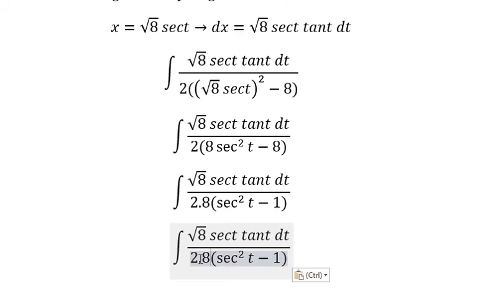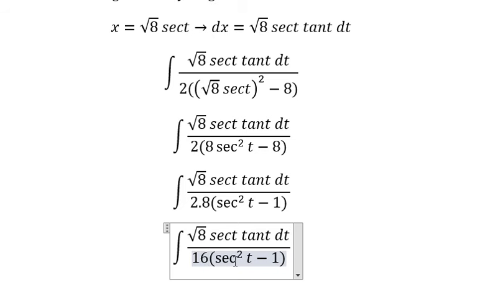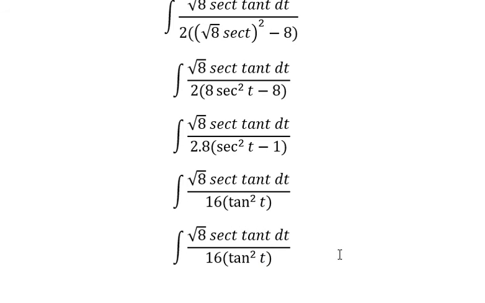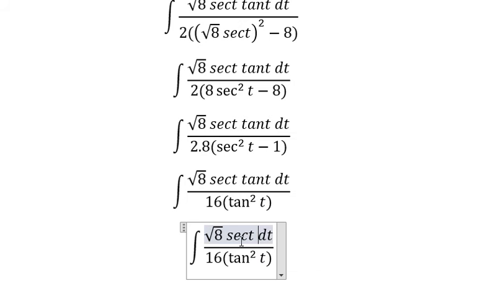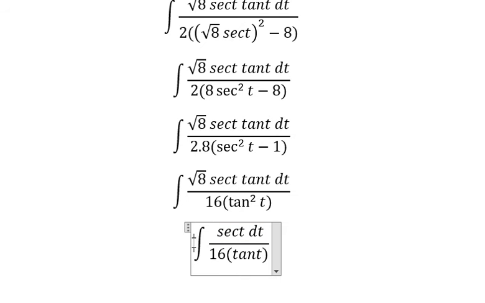This one you get 16. Secant of t square minus 1, we change for tan t square. We simplify tan t. The square root of a divided by 16. You get the square root of number 2 over 8.